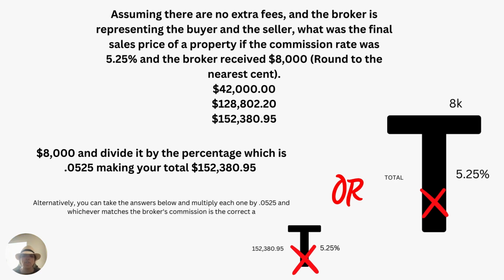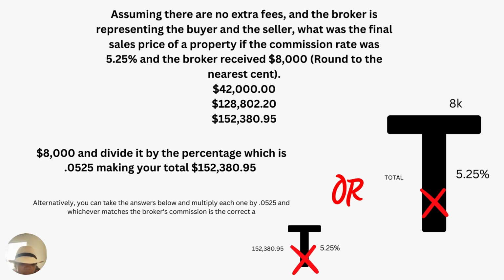In order to find the total, you can take 8,000 and divide it by the percentage, which is 0.0525, which makes your total 152,380.95. Alternatively, you can take the answer choices and multiply each one by 0.0525, or by 5.25%, if you're using your calculator.